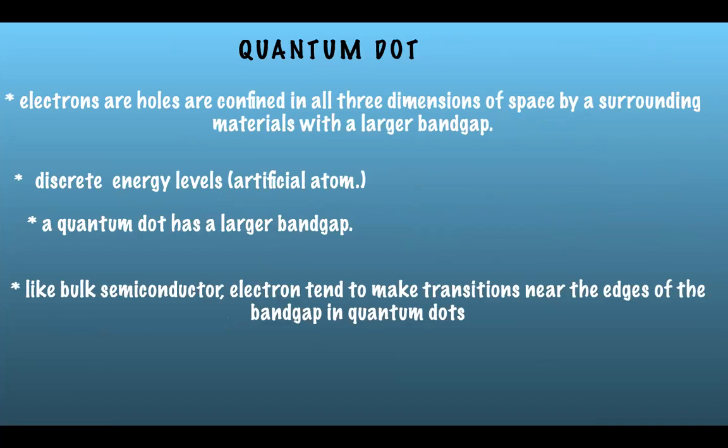Here, electrons and holes are confined in three dimensions by surrounding materials with a larger band gap, giving discrete energy levels. A quantum dot has a higher band gap than bulk semiconductors. Electrons tend to transition near the edges of the band gap in quantum dots.